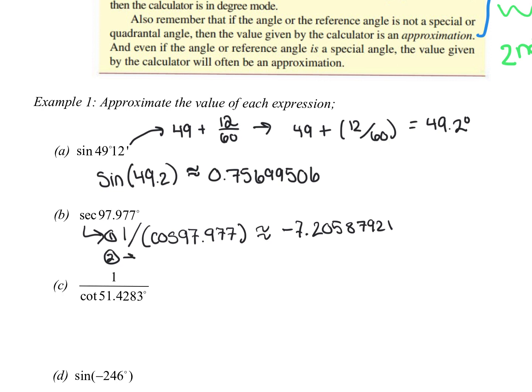Another option you can do, so this is option 1. Option 2, you can type cosine of the 97.977 degrees. And once you do that, there's a button on your calculator that says x to the negative 1. What that button does is it flips things over. So it is the reciprocal button.